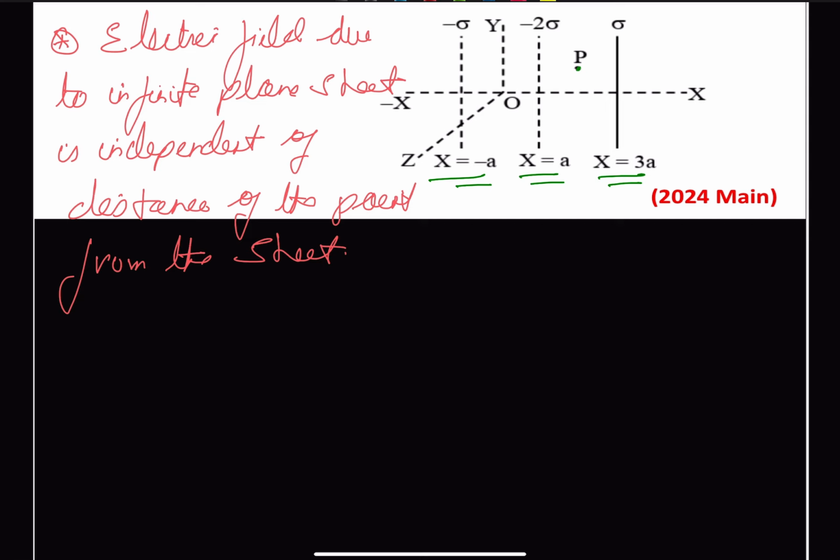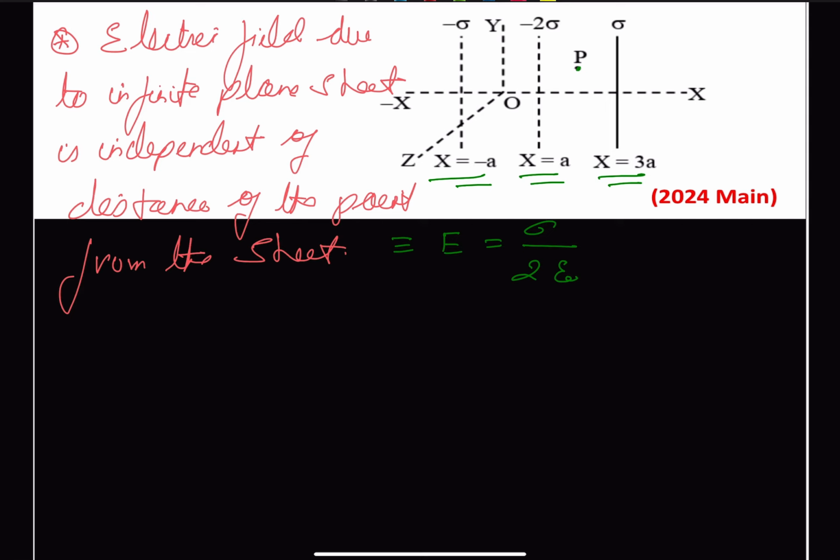So we can just use the superposition principle, the algebraic sum, and we are going to get the net electric field. And the formula for electric field due to the sheet is given as sigma upon 2 epsilon naught. And depending upon sigma, whether it is positive or negative, we can find out the direction.